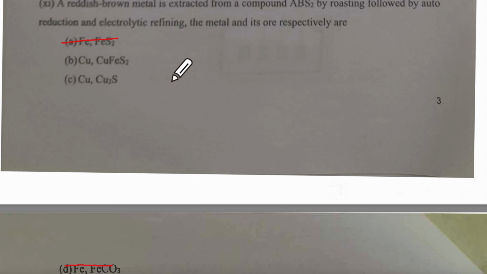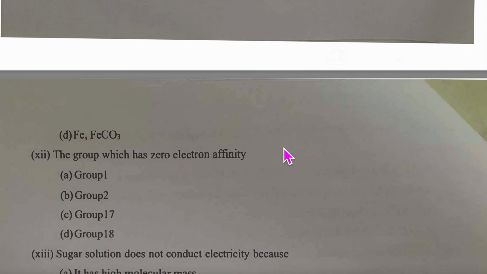Now from the compound AB S2 by roasting, followed by reduction, find the metal. Metal will have to be copper. And AB S2 means A, B, and S2. Can you see that? Here is only one metal. Understood? Okay, so these are also little bit hatke type of questions.